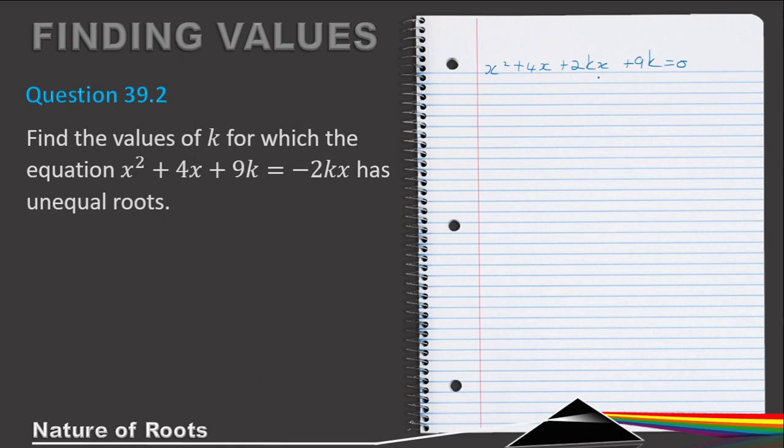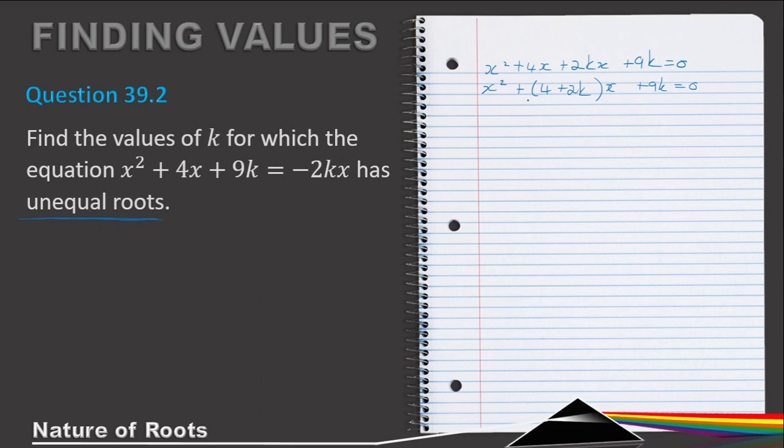Okay, we have these two terms which are like terms. So x squared plus (4 plus 2k)x plus 9k equals 0. So a is 1, b is 4 plus 2k, c is 9k. And our keyword, unequal roots.